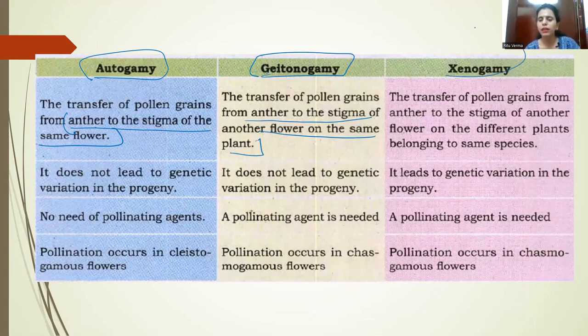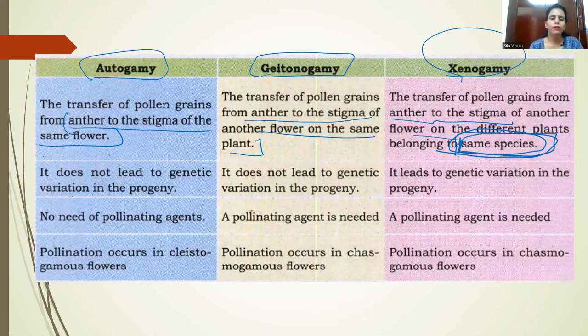And xenogamy is actually cross-pollination, where pollen grains are transferred from the anther of one flower of one plant to the stigma of another flower of another plant. Both of these plants belong to the same species. So remember, in the exam, if you write the definition of cross-pollination, it's compulsory to mention the same species.